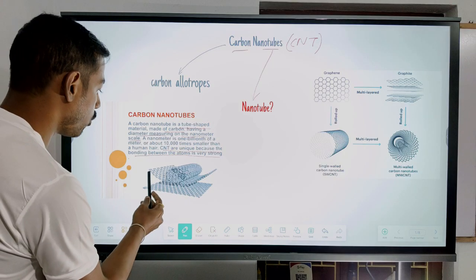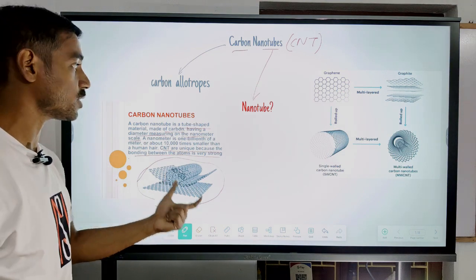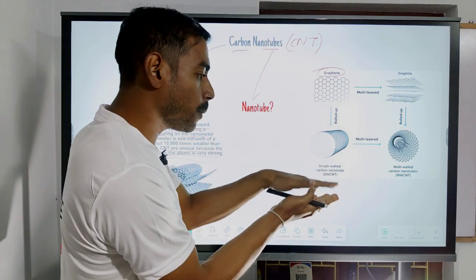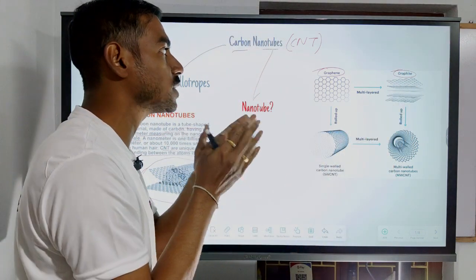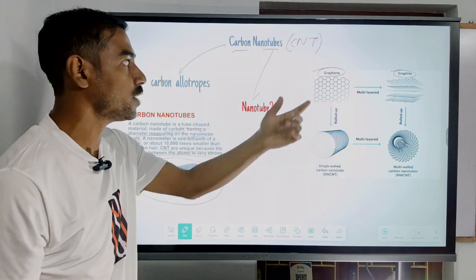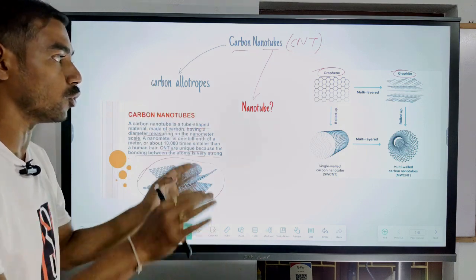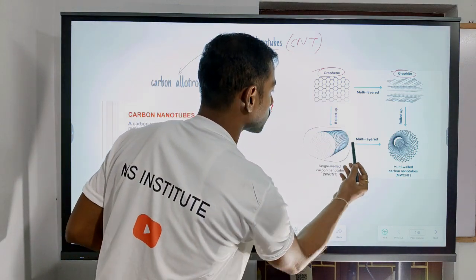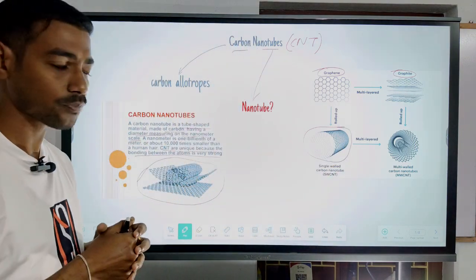Basically the carbon nanotubes are having this kind of sheet structure. The sheet structure is named as graphene sheet. This multiple layered graphene sheet is actually graphite. So graphene sheet means the single layered sheet of graphite. Now when this graphene sheet is rolled up, it will transform into a structure like this, like a straw.